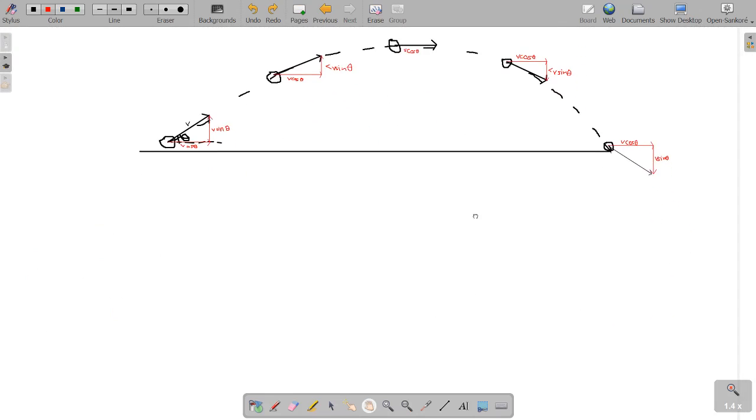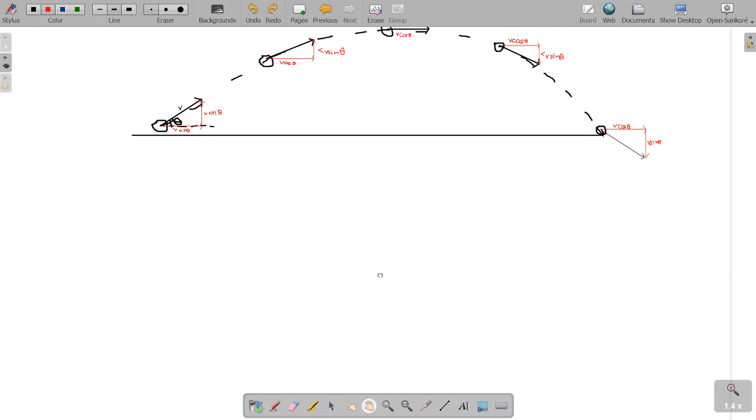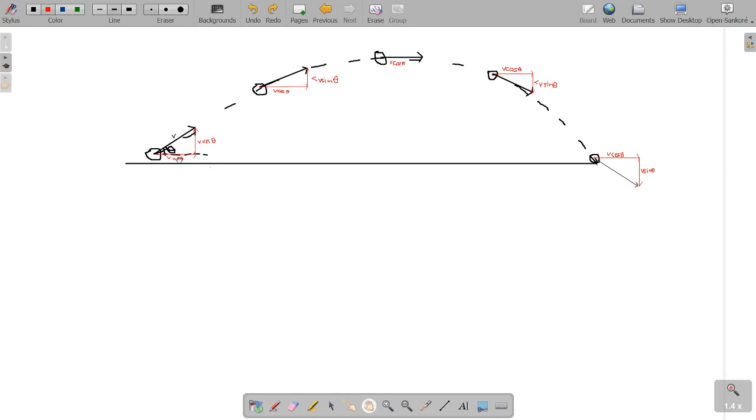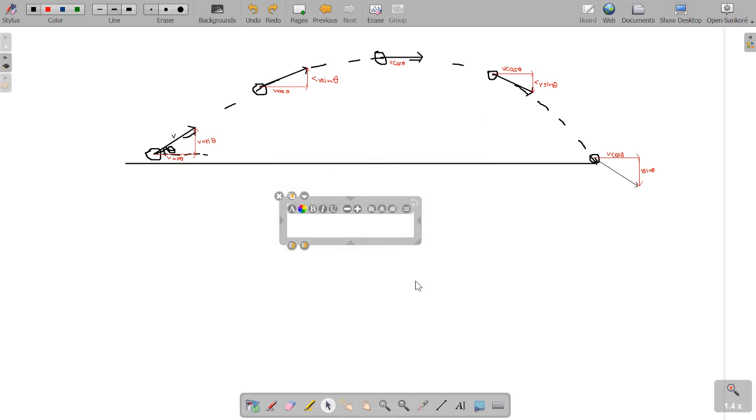Now, try and recall your kinematics formulas. I'll write them here. The first one is v equals u plus at.